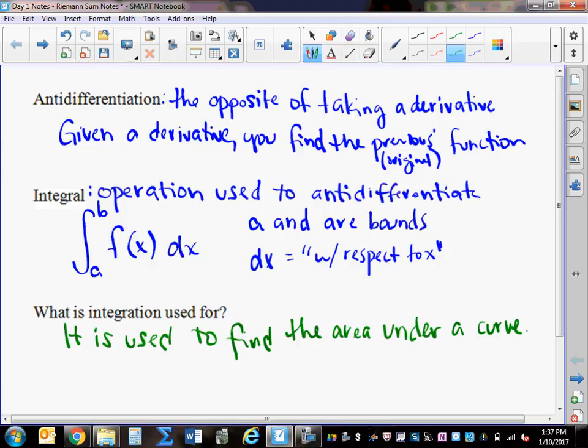Okay, so if we were to graph a function and I asked you to integrate from 1 to 2, take your function, shade underneath it between 1 and 2, find that area, and that's exactly what the integral does. So let's go ahead and take a look at that first graph on your view.